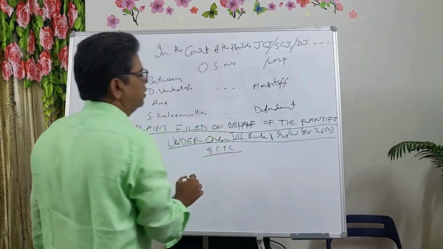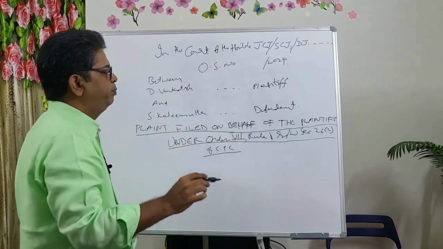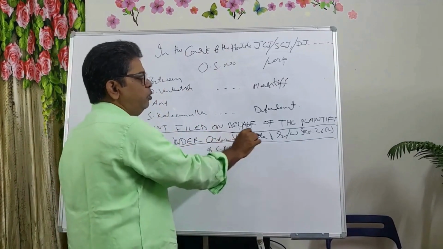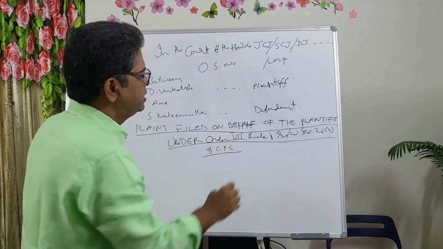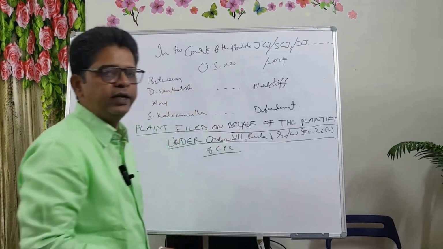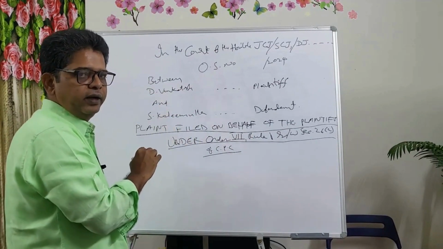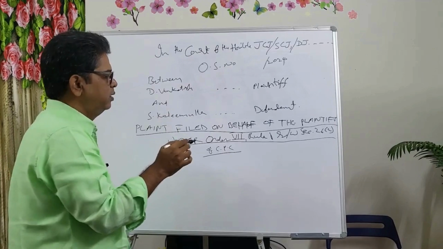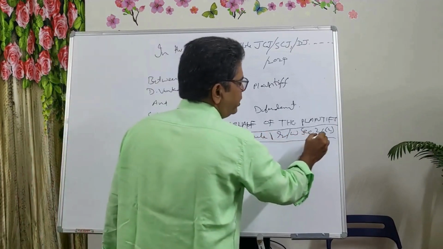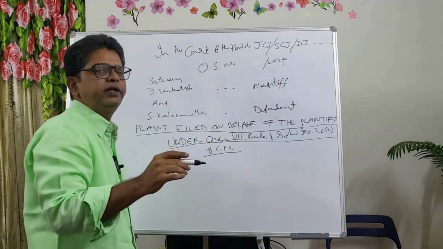Actually, we will be filing the plaint in the courts of law under Order 7, Rule 1 of CPC. Section 26, Subsection 2 says that the facts mentioned in the plaint shall be proved by affidavit. Therefore, you need to file a separate affidavit along with the plaint. We will be discussing that later.